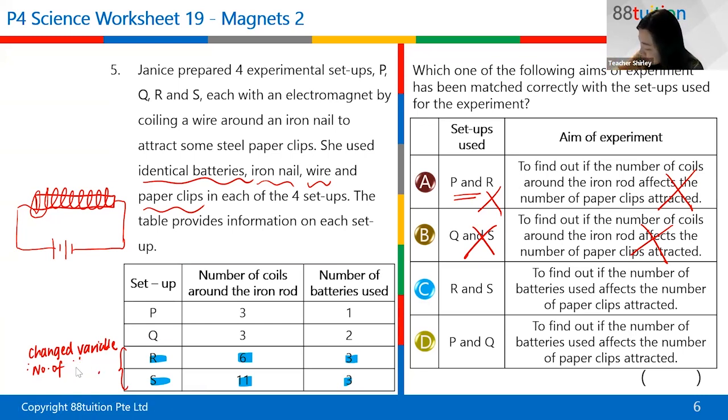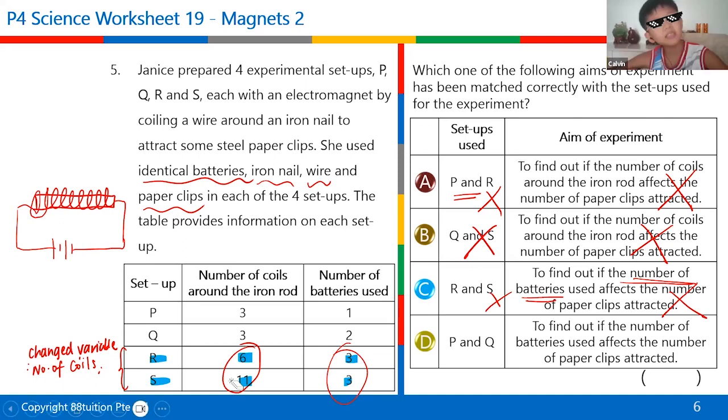No, wait, sorry, number of coils. The thing that is changed is the number of coils. So it's basically to find out if the number of coils would affect the number of paper clips attracted. But over here, it says that it's to find out if the number of batteries, which is wrong, because the number of batteries is the same. So we cannot find out if the number of batteries will affect, right? So then C is wrong.